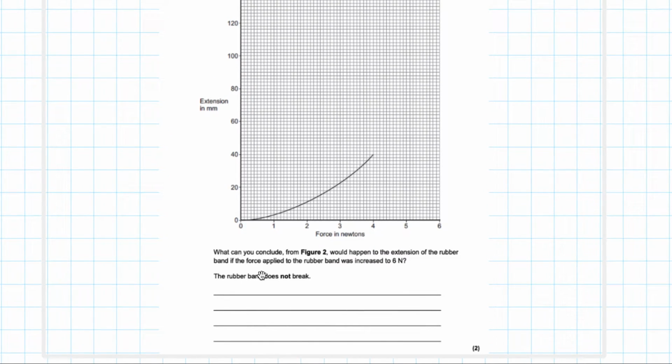So what happens here is, if we look at the graph, if the rubber band does not break, this means that this graph will continue, and if it goes off to 6, you can follow along here.